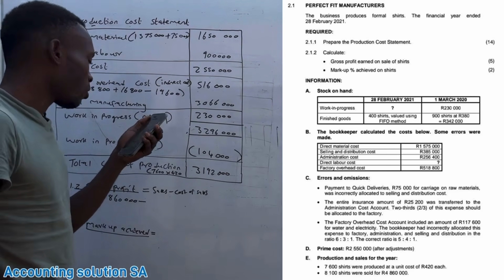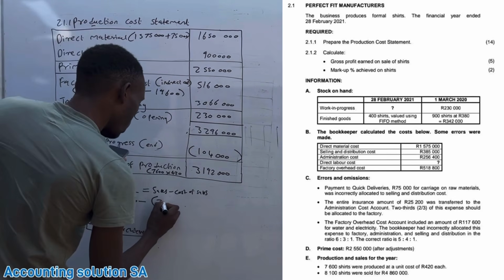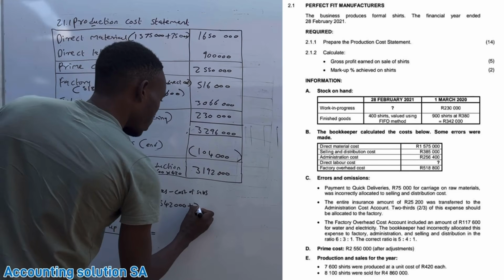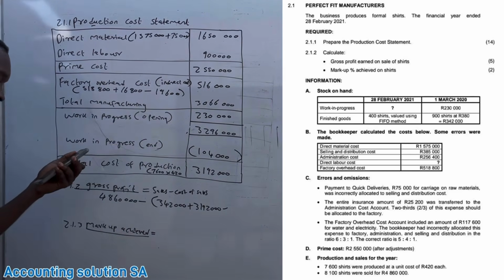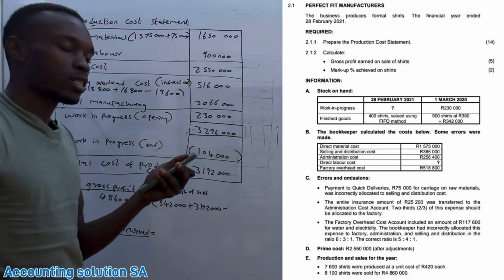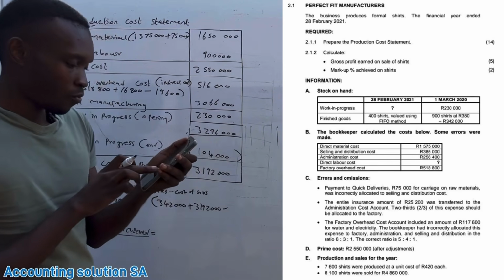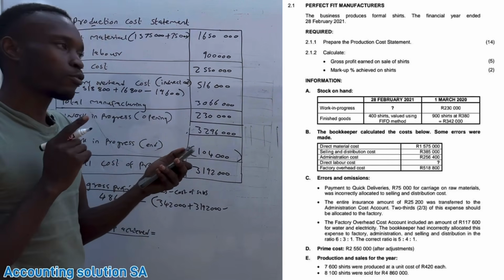Opening finished goods is 342,000 plus 3,192,000, and we subtract closing. Closing, guys, they give us 400 shirts. You just say 400 shirts multiplied by 420. 420 we got under number E because they said it's 420 each.